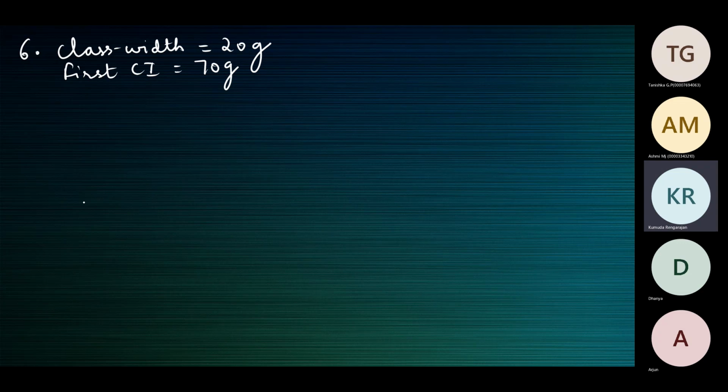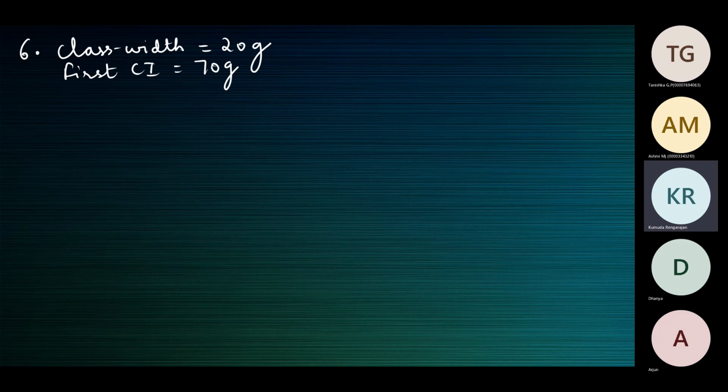Nothing is given; they have not mentioned whether you have to make inclusive or exclusive class intervals. So if nothing is mentioned, it should always be continuous. If they ask you to take class intervals which are not continuous, then you should do that.